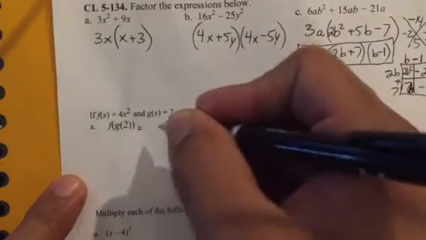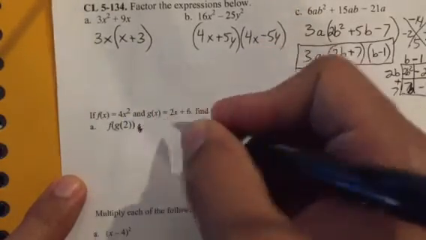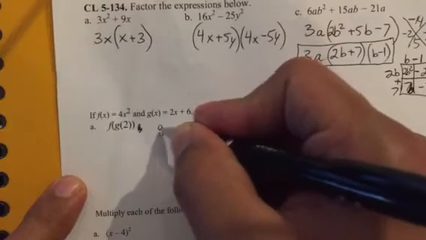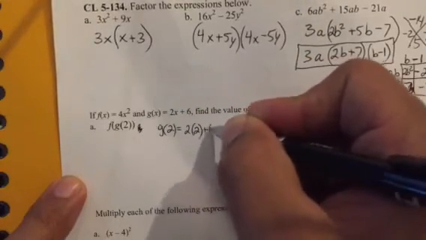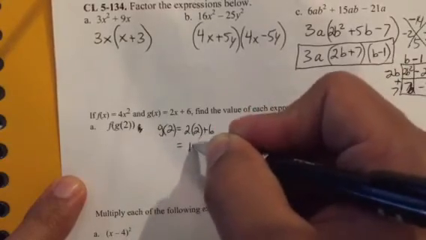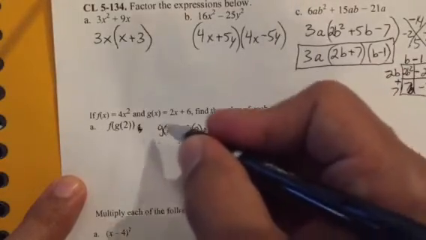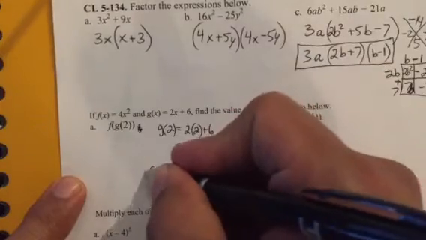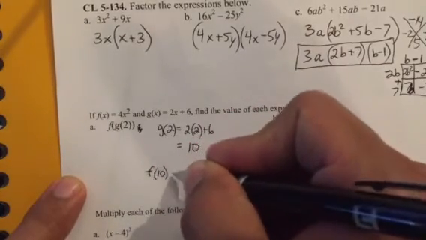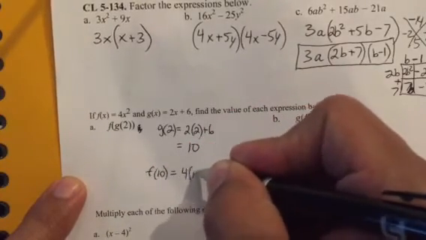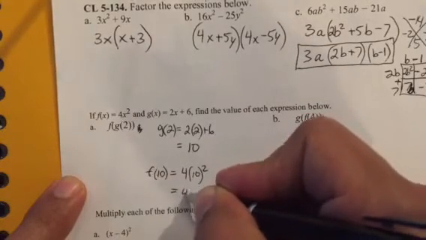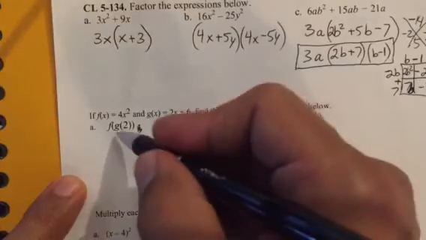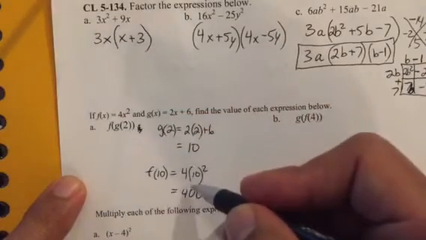So g of 2 is going to be 2 times 2 plus 6, which is equal to 10. And now I'm going to get 10 and plug it into f of x. So f of 10 equals 4 times 10 squared, which is 100 times 4, so it's 400. So f of g of 2 is equal to 400.